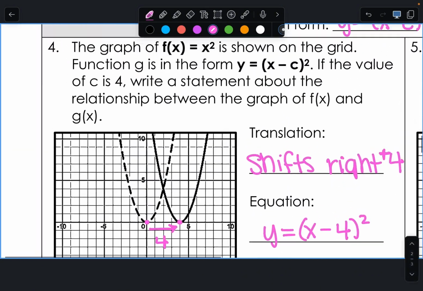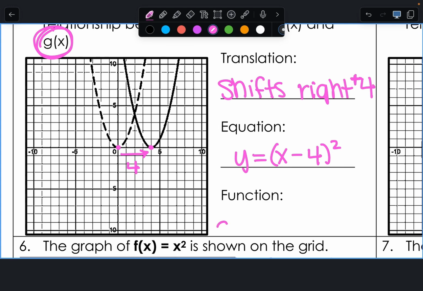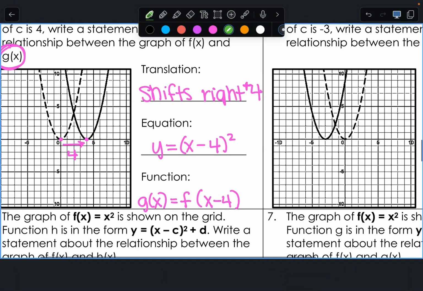We see the g of x right here, and I'm just going back over that because this is a video. The square changes to an f in front, x minus 4. And that's how it would be written. Questions on this one? Okay, let's look at the next one.